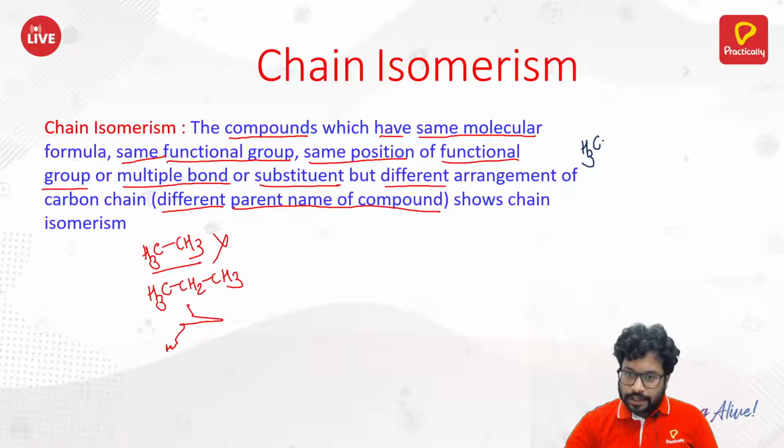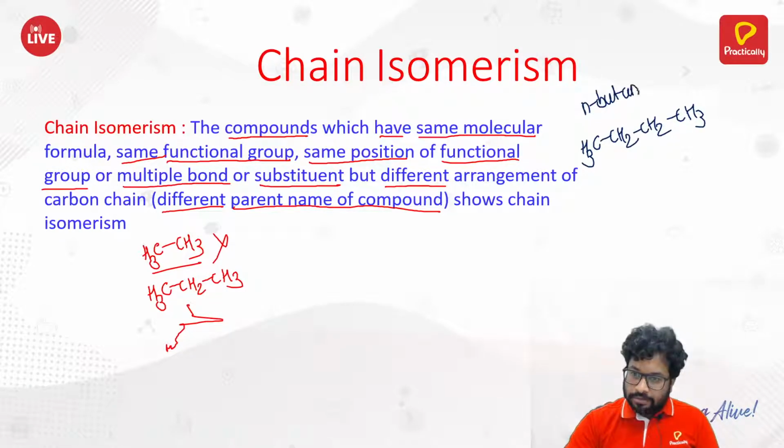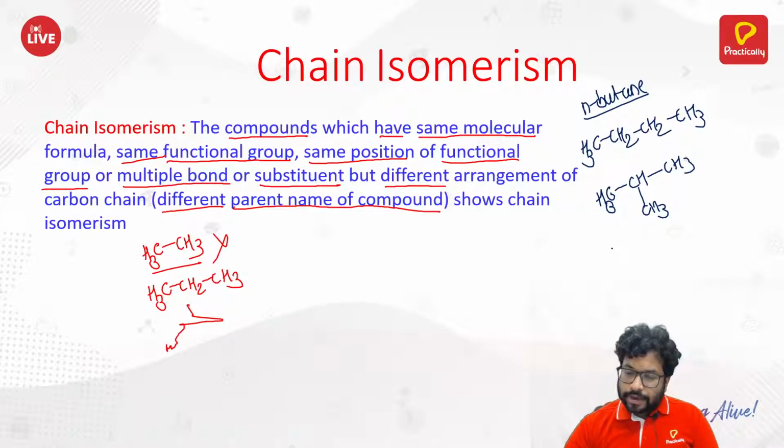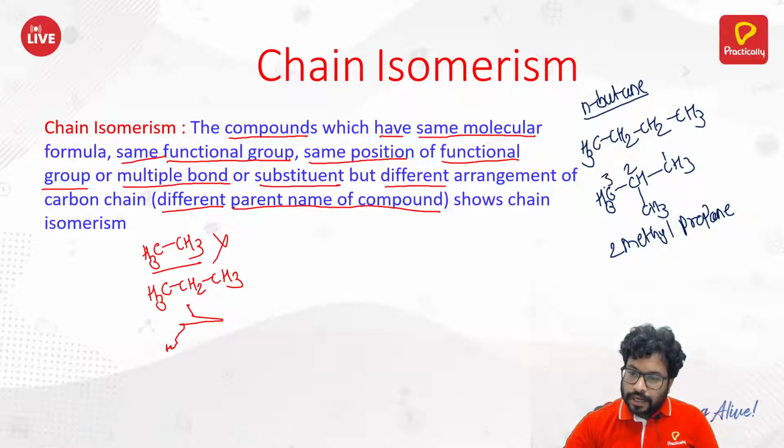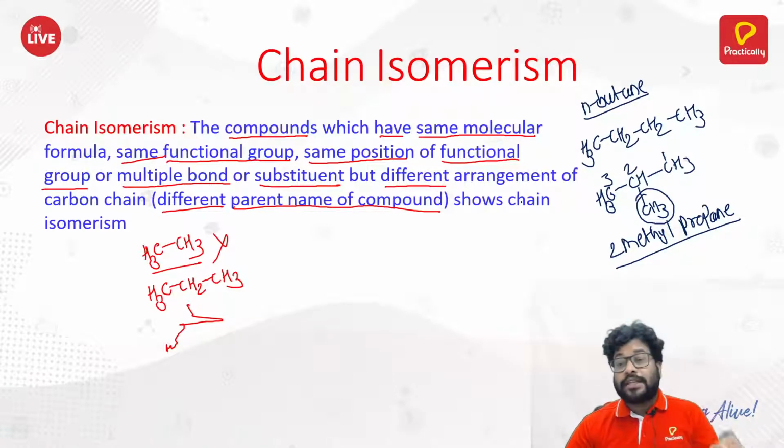So CH3-CH2-CH2-CH3 is n-butane. Now the other one, CH3-CH(CH3)-CH3, is named 2-methylpropane, because at the second position you have the methyl, and the longest chain has 3 carbon atoms.